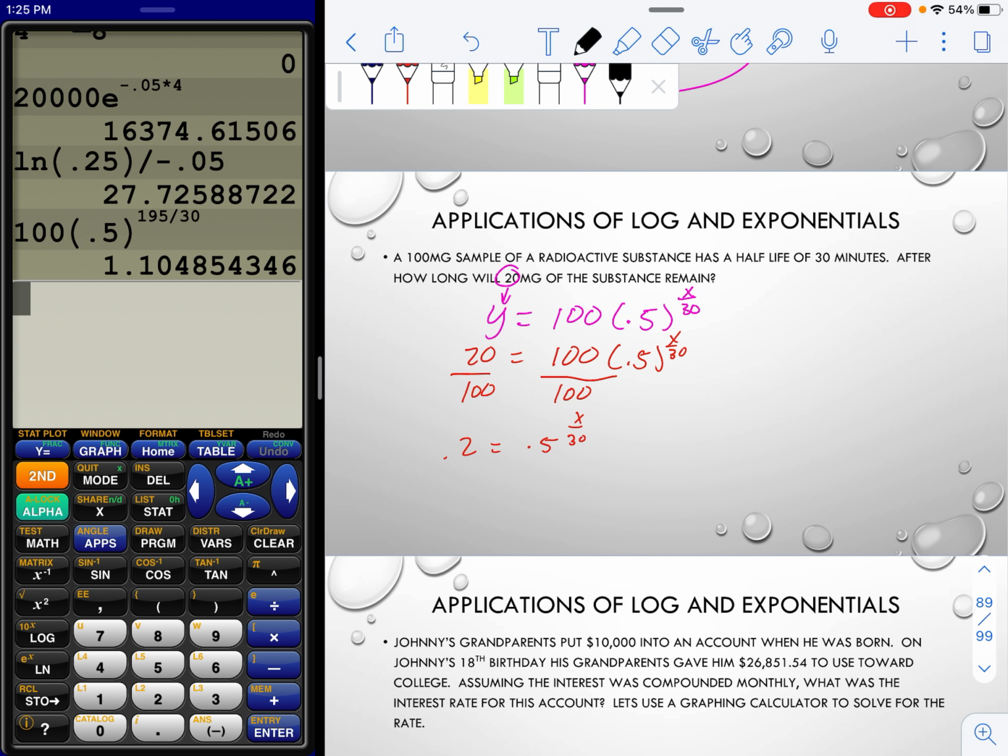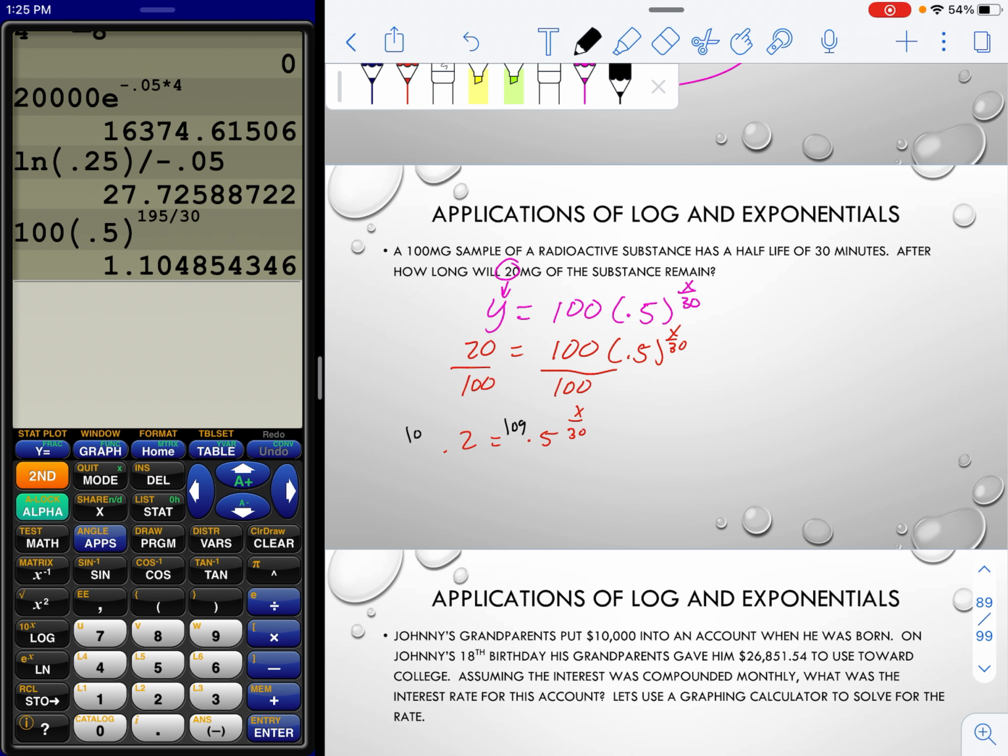And then we take the log of both sides. Okay, a couple different ways to do this. As shown in the previous 7.5 solving logarithmic equations, I'm just showing you one way. Okay, so we have log of 0.2 equals x over 30 log of 0.5. All right, so to get to that x, we can divide by this log 0.5. Okay, I'm going to leave it exact because I do not want to use a rounded answer.